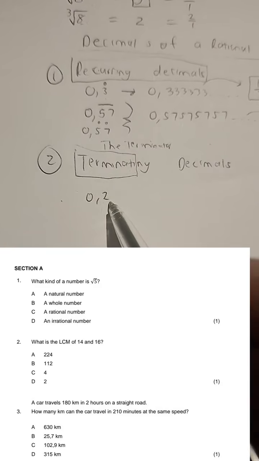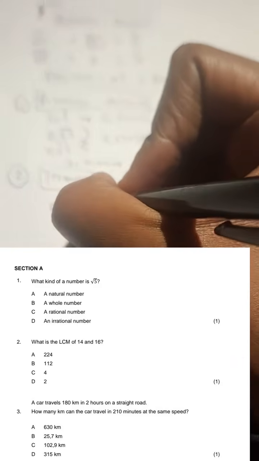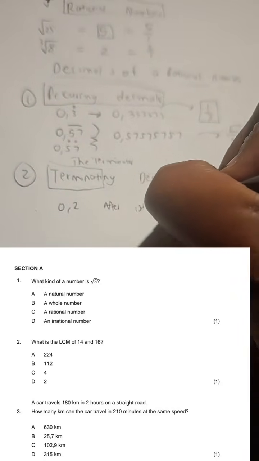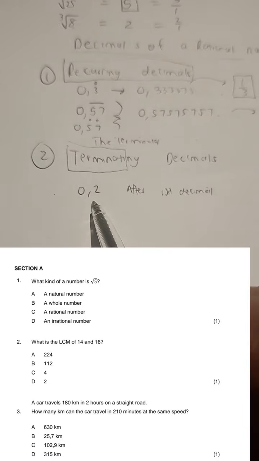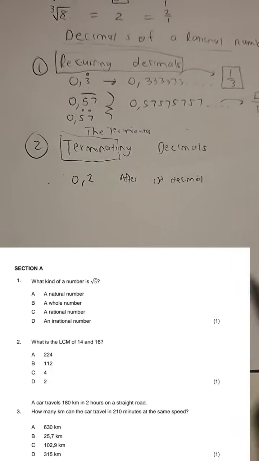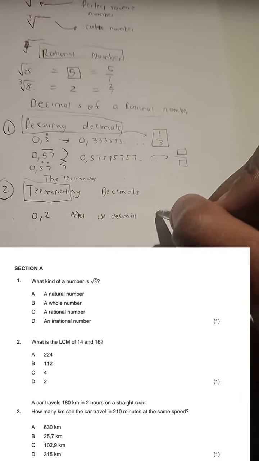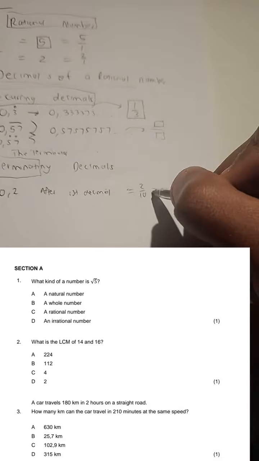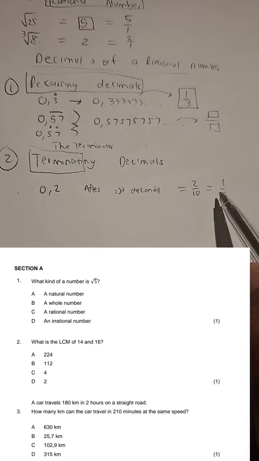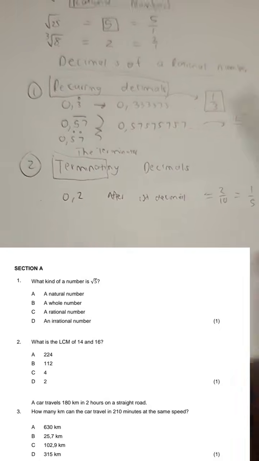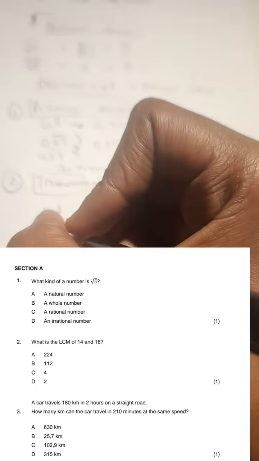So we come to a stop after the first decimal, which means 0.2 is what we call a terminating decimal. This can be written as a fraction 2/10, which can be simplified to 1/5. This is another example of a rational number.